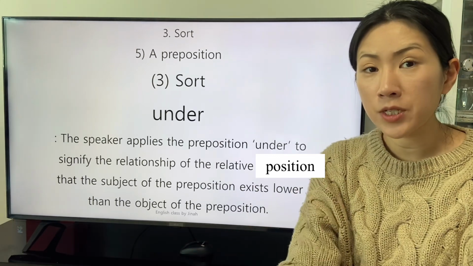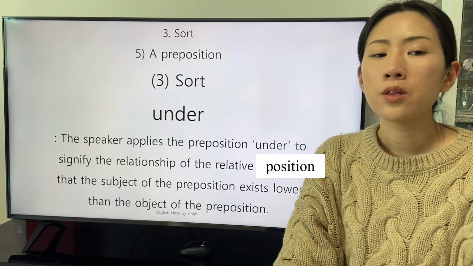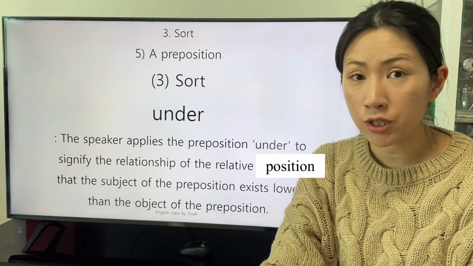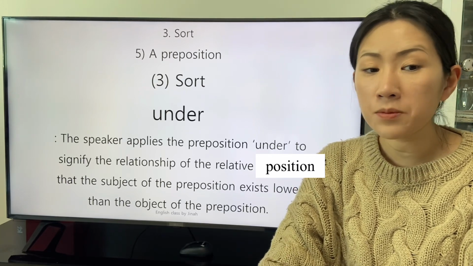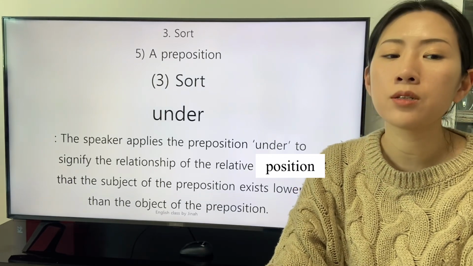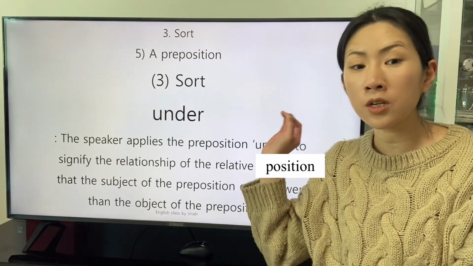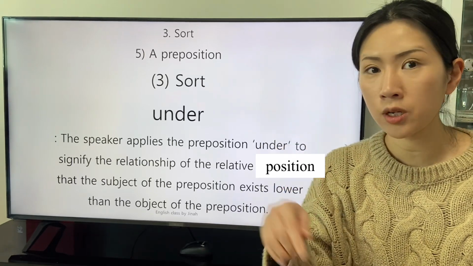The next preposition we will study is the preposition under. The speaker applies the preposition under to signify the relationship of the relative that the subject of the preposition exists lower than the object of the preposition. The preposition under is paired with the preposition on.